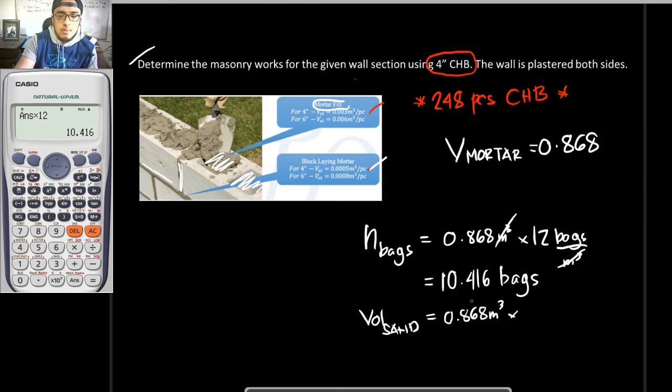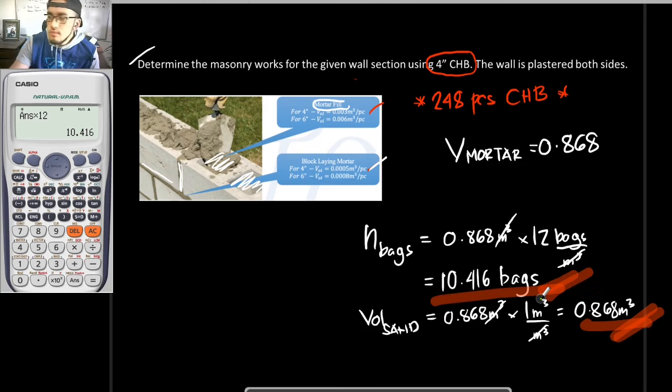So this is to be times 1 cubic meter per cubic meter mortar. So cubic meters would cancel out. Our answer here would be 0.868 cubic meters of sand. Those would be our answers for mortar.